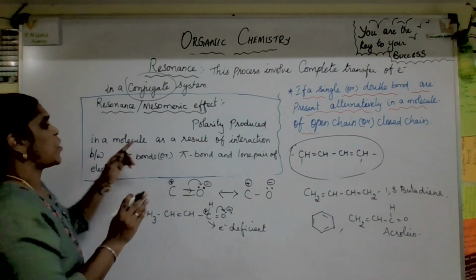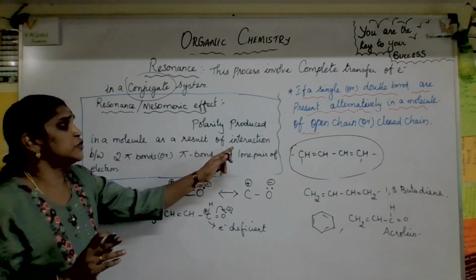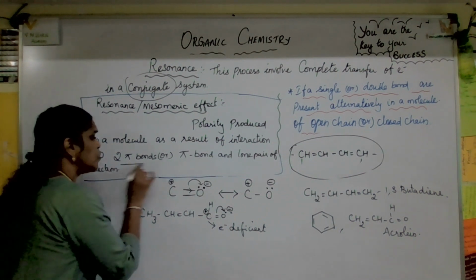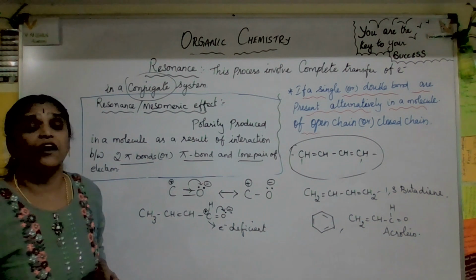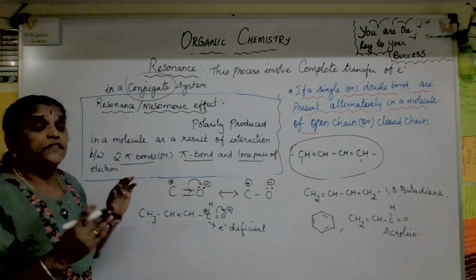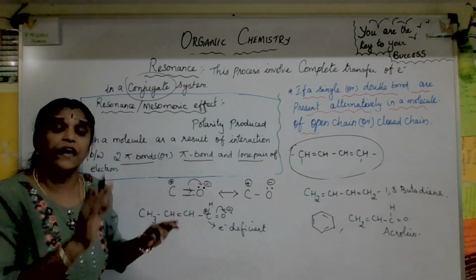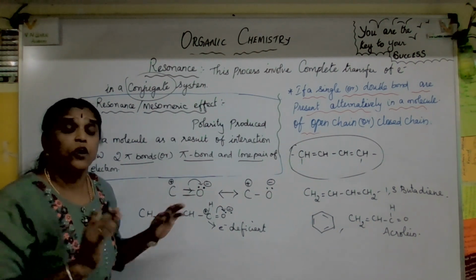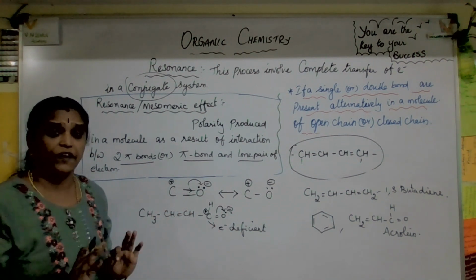That is the main point: polarity produced in a molecule as a result of interaction between two pi electrons or pi bond with a lone pair of electrons. The resonance effect will happen only in the interaction between pi electrons and lone pair of electrons.